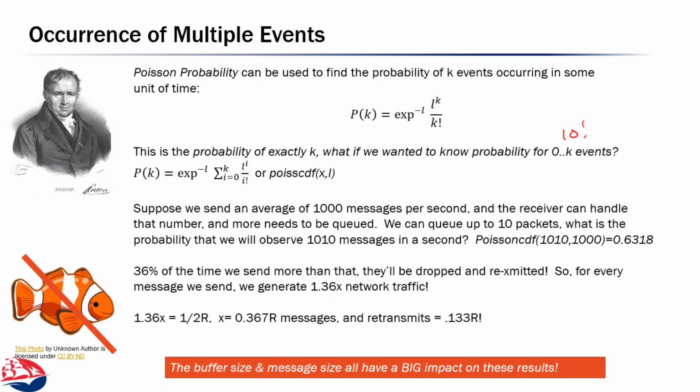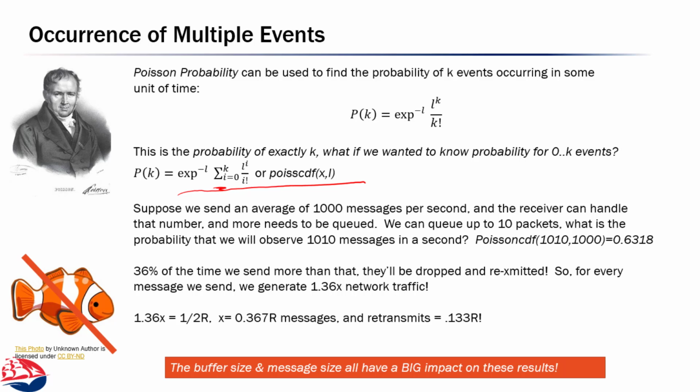Now, if I'm more interested in what's the probability of 0 through 10 failures, then I would use this form. What we're going to do is take the summation of all of the different k's up to the number. So if I want to know the probability of seeing up to 10 failures per year, so 0 failures, 1 failure, 2, 3, 4, all the way up, I would just sum up all of the individual Poisson probabilities.